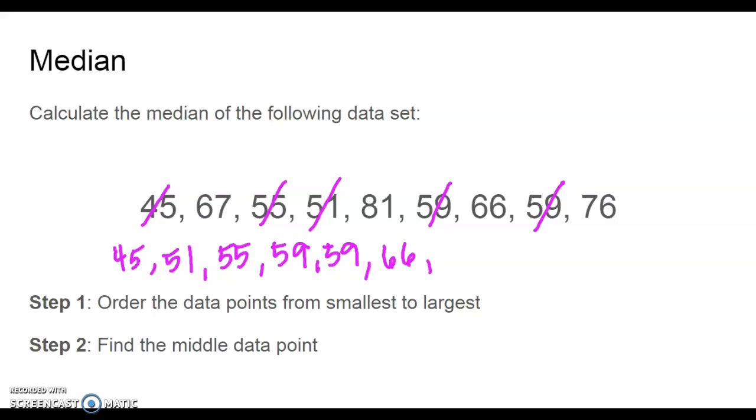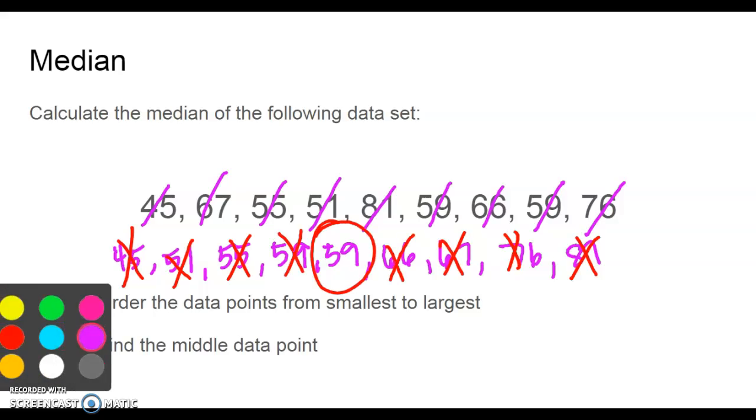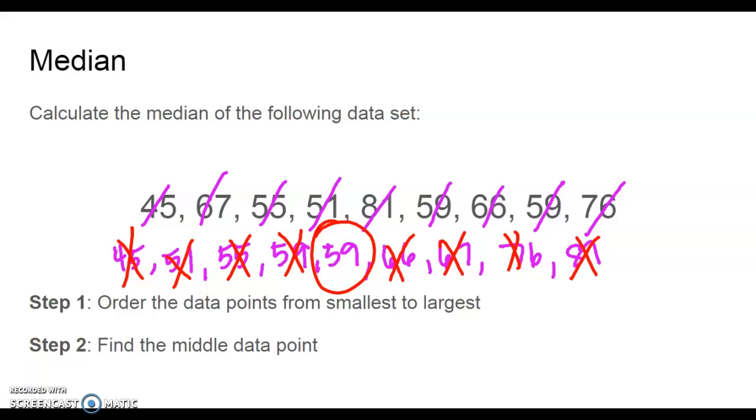Next would come 66, 67, 76, and then 81. So now that all of my numbers are lined up smallest to largest, I'm going to cross off one on each side until I finally find my center data point. In this case, my center data point is 59, so my median for this data is 59.